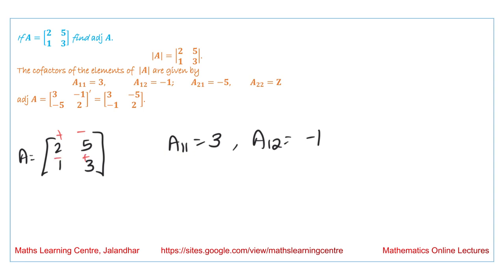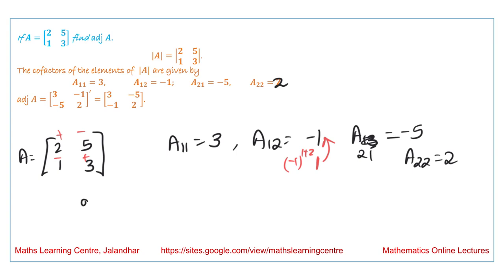That is minus 1 raised to the power 1 plus 2 into 1, so the answer comes out to be minus 1. Next A21 will be equal to minus 5 and A22 will be equal to 2. This is 2 over here.